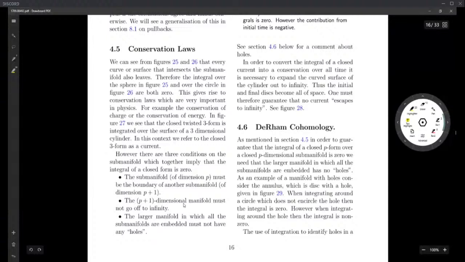So the p plus 1 dimensional manifold must not go to infinity. The submanifold shouldn't just extend to infinity, because as we saw, closed forms need to close in on themselves, right? When there are just line integrals which extend to infinity but ultimately close in on themselves, when we have a manifold that extends to infinity, we see that that doesn't apply here.